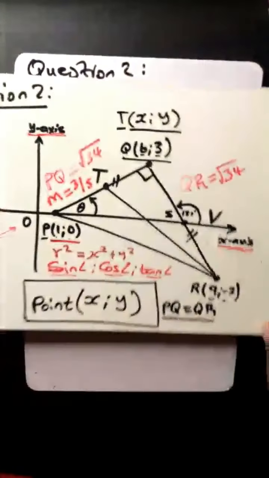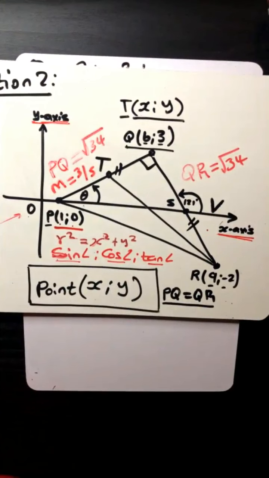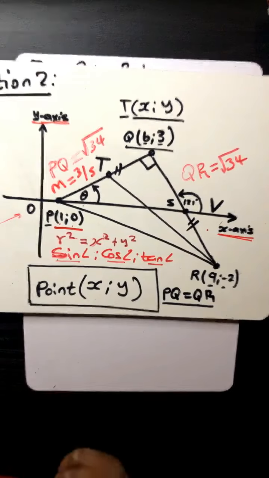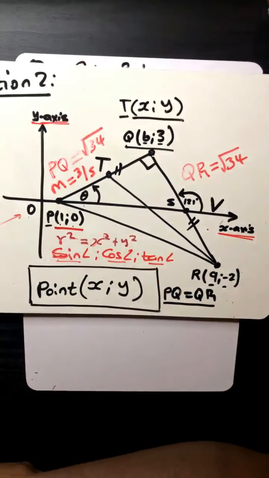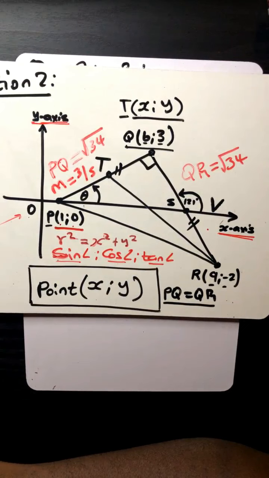So let's have a look at the next question, which says: the size of angle theta with reasons. So where's angle theta, guys? There is angle theta. That is exactly what the question wants us to find.